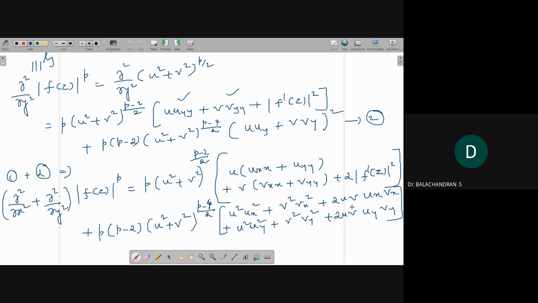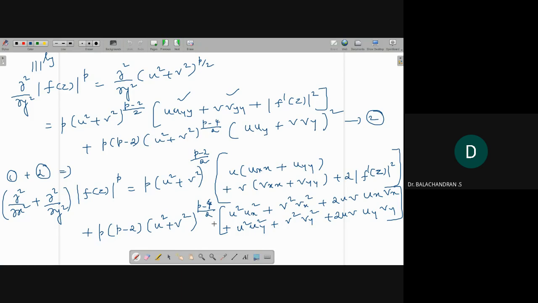If we use the CR equation, the last two terms are 0. Here also, if I use the CR equations, convert uy and vy in terms of ux and vx.